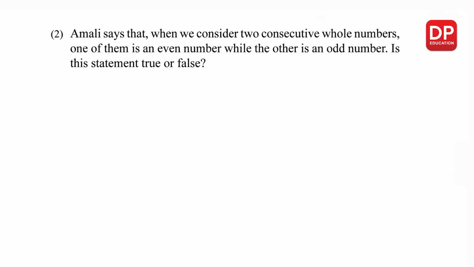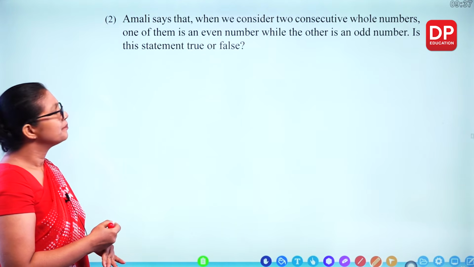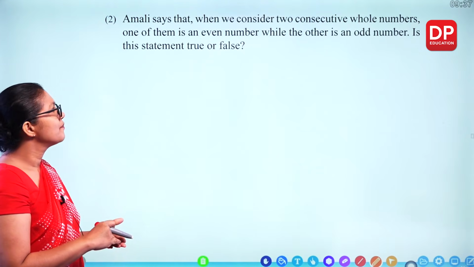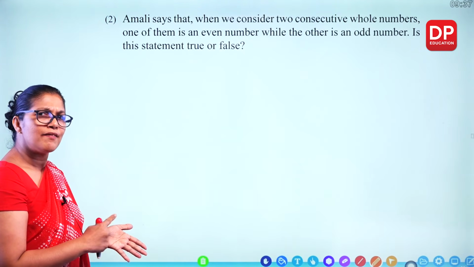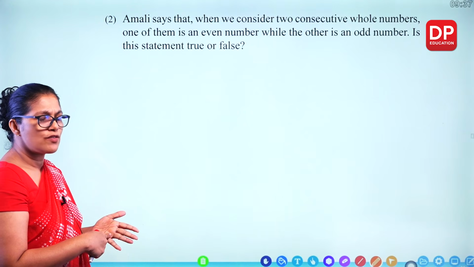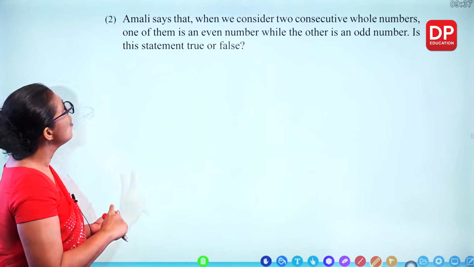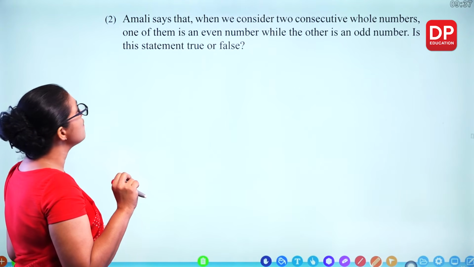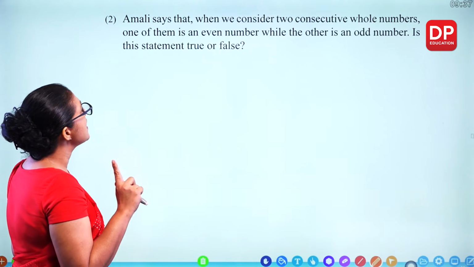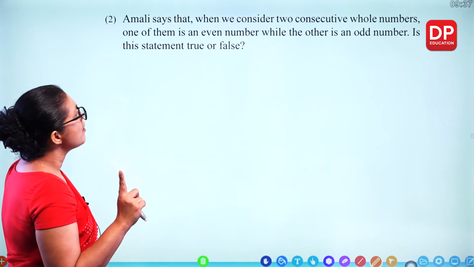Amali says that when we consider two consecutive whole numbers, one of them is an even number while the other is an odd number. Is this statement true or false? Two consecutive numbers: 2, 3, one is even, one is odd. 5, 6, one is odd, one is even. So always when you take two consecutive whole numbers, one of them is even while the other is odd.